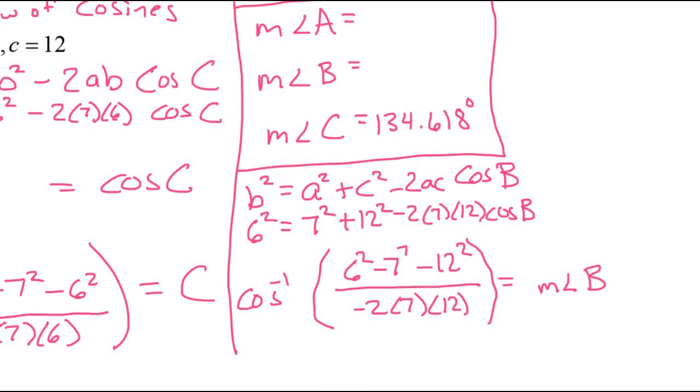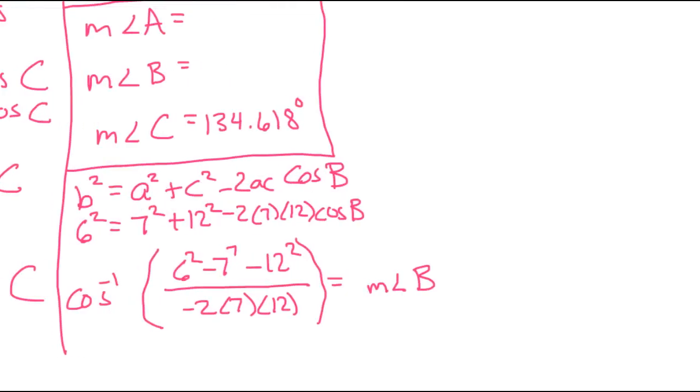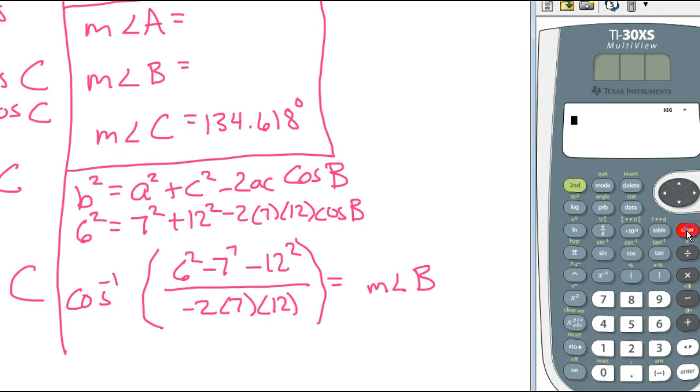All right, so this is what needs to go in the calculator. I will do the inverse cosine of 6 squared minus 7 squared minus 12 squared. I said 12 squared, but somehow I wrote 11.